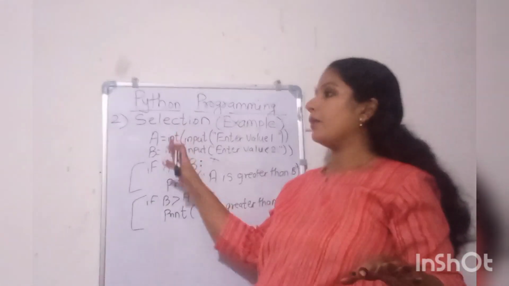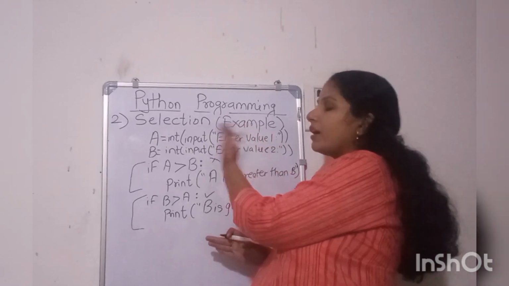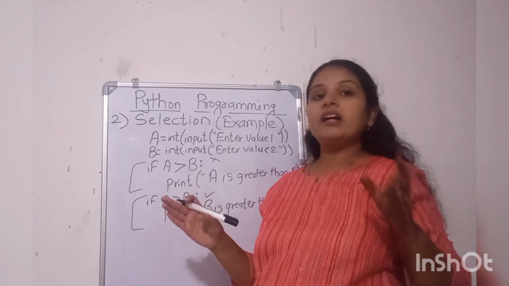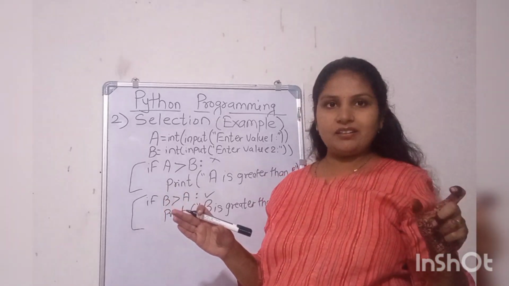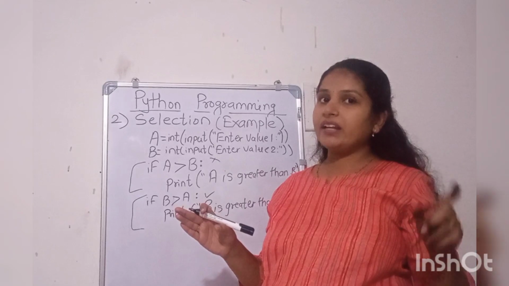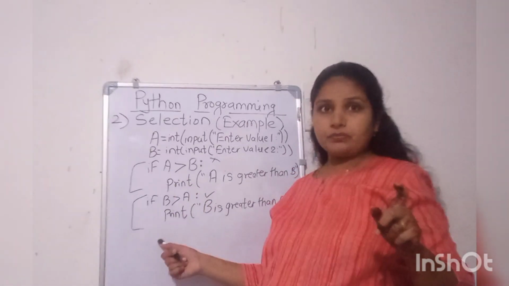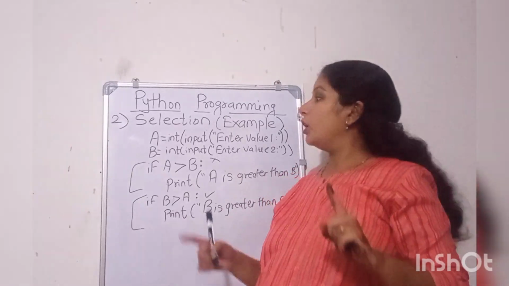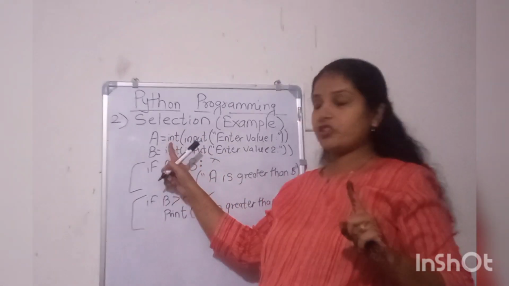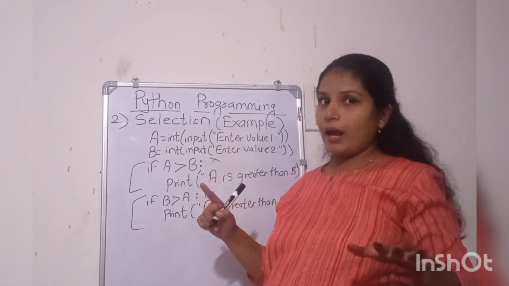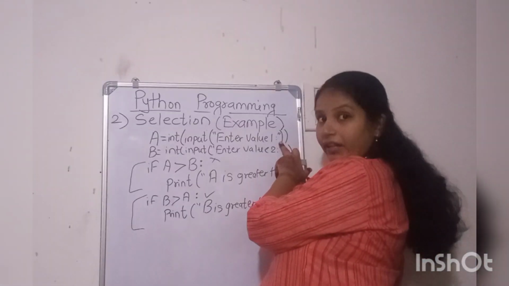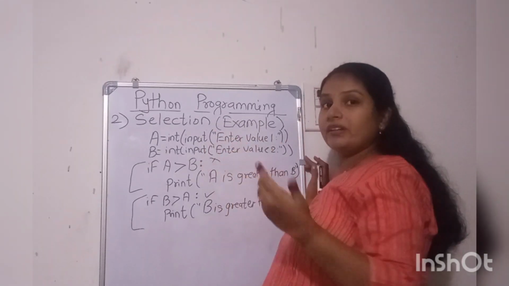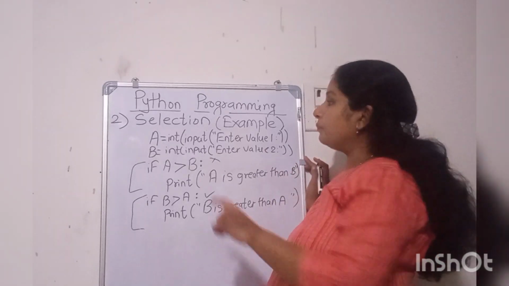Suppose if I don't use integer, then if I enter the value 10, 10 won't be taken as a number, 10 will be taken as a character or string, and it will be very hard for the further part. So whenever you are performing any mathematical or arithmetic calculation, you must use the integer function before the input function. So what happens here: I am entering the value 10 using the input function. That 10 is taken as a string by default.